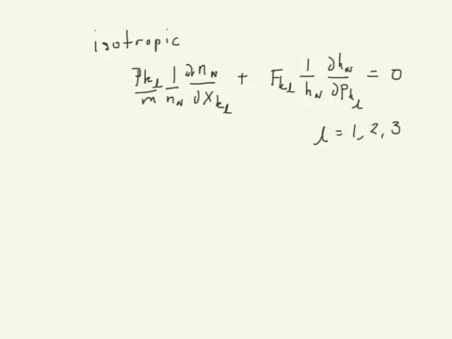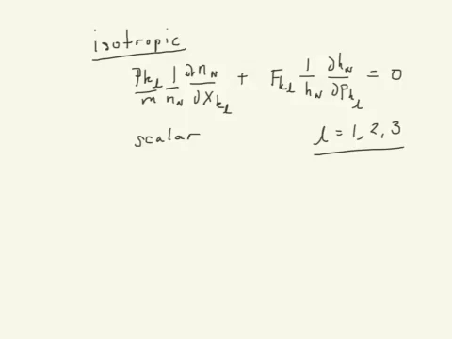Okay, so under the third assumption that the system is isotropic, here is the one component of that equation, and we've used a subscript L here to indicate the three directions, so L could be 1, 2, or 3. And now this equation is simply a scalar equation involving the components in one particular direction.